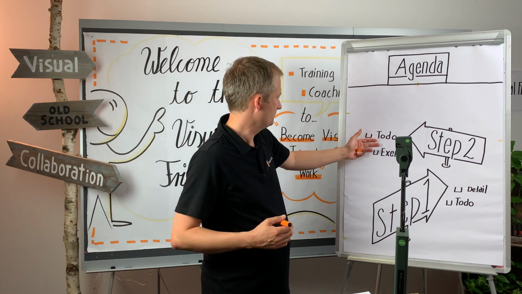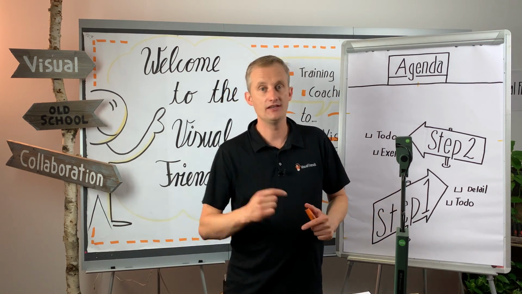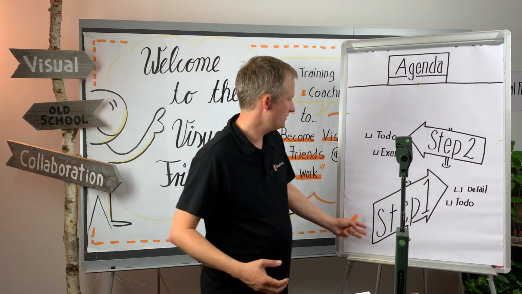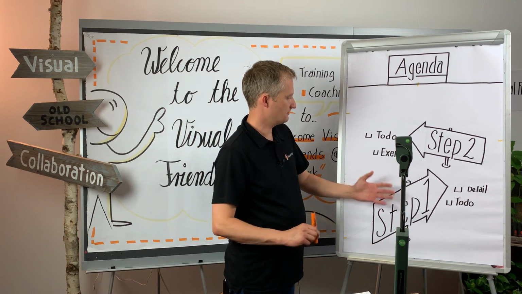Some checkboxes, might be a task you need to fulfill, a discussion to have, and so on. And then during the progress of the agenda, you can tick those boxes as done. Well, this was step number 2.